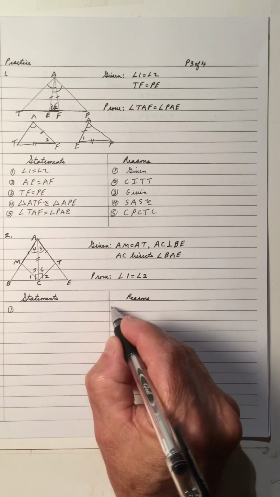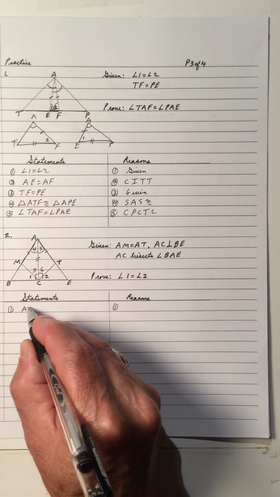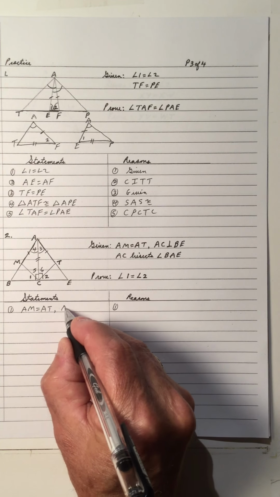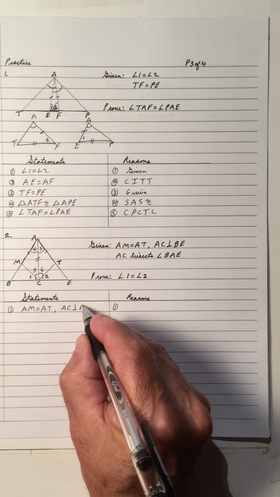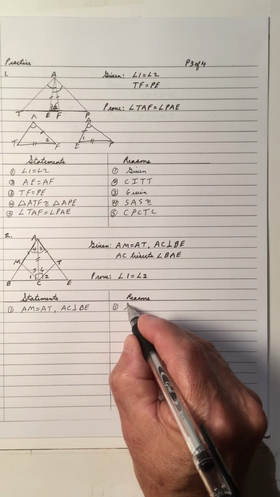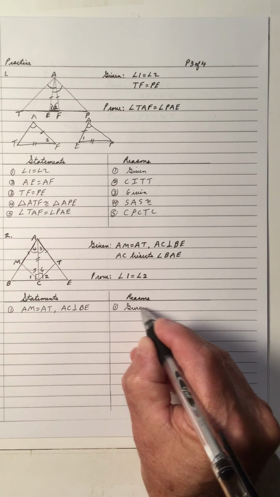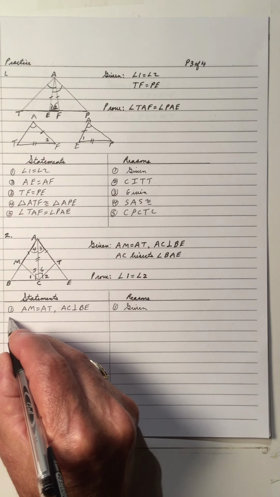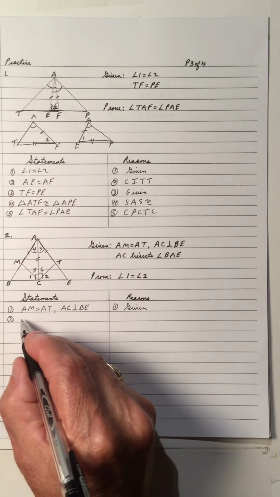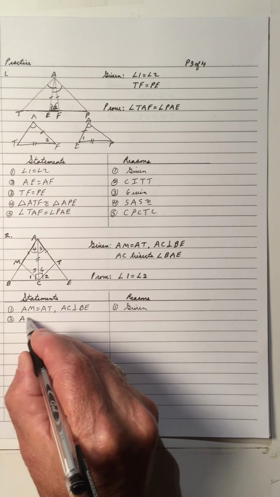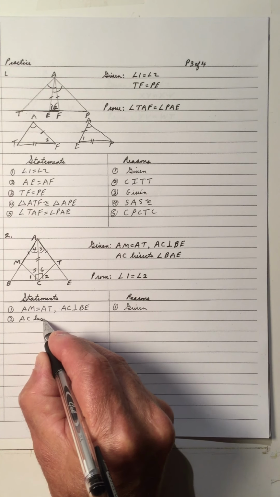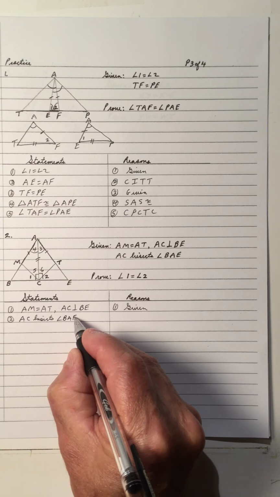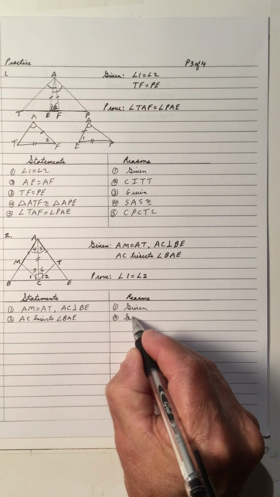So let's have a look at the proof. AM equals AT. And let's put the two givens into 1 this time. Don't forget to ask your teacher if you're allowed to do that. And because we have perpendicular, I have AC bisects angle BAE, given.